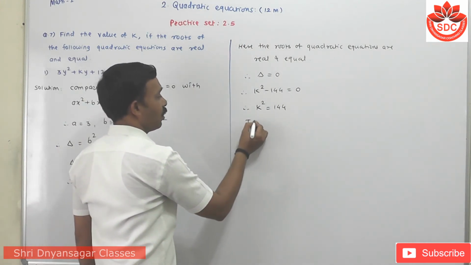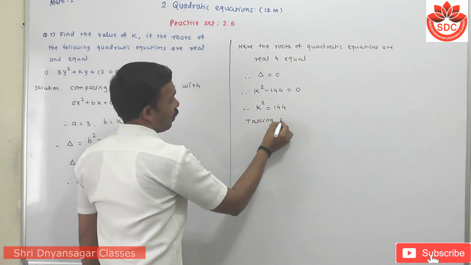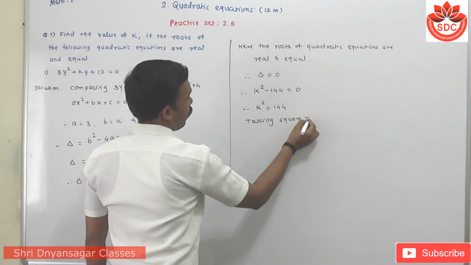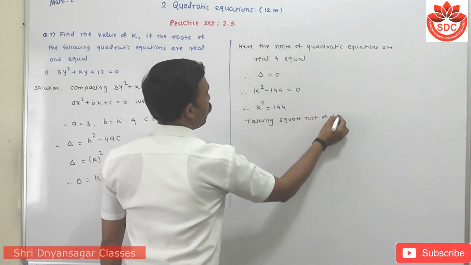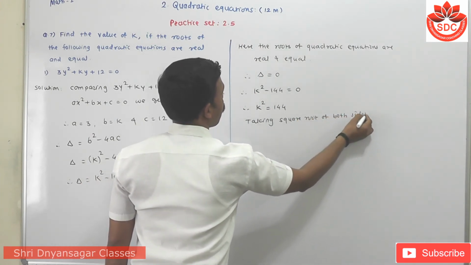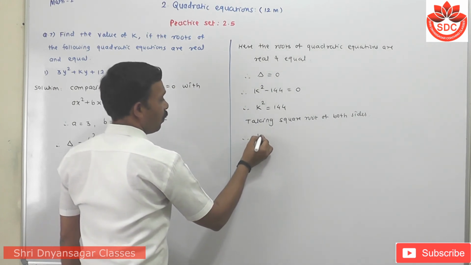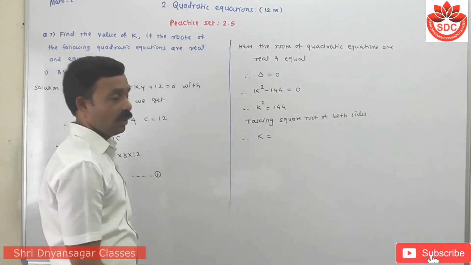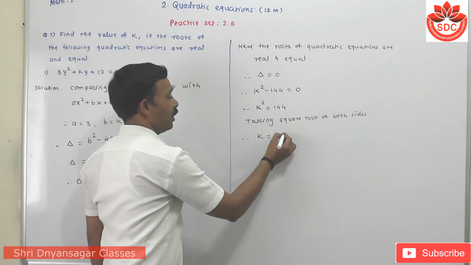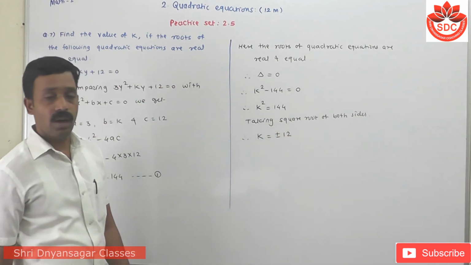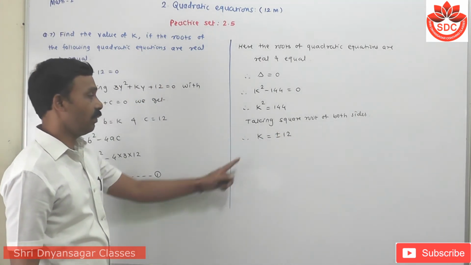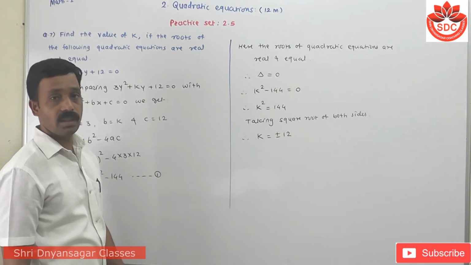Taking the square root of both sides, the value of k is equal to plus minus 12. Now look carefully, student. Here the value of k is plus minus 12.